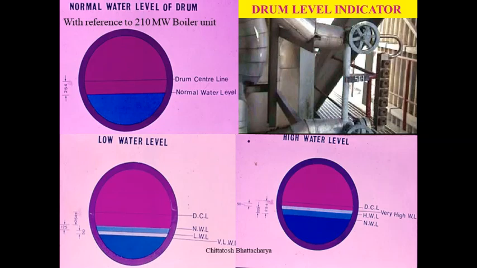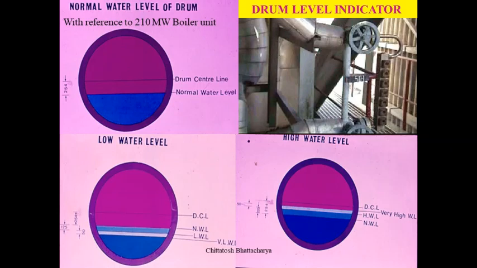In case the drum water level exceeds the normal water level, then there may be a situation when steam flow is more compared to feedwater flow within the boiler, and we gradually get low water level.